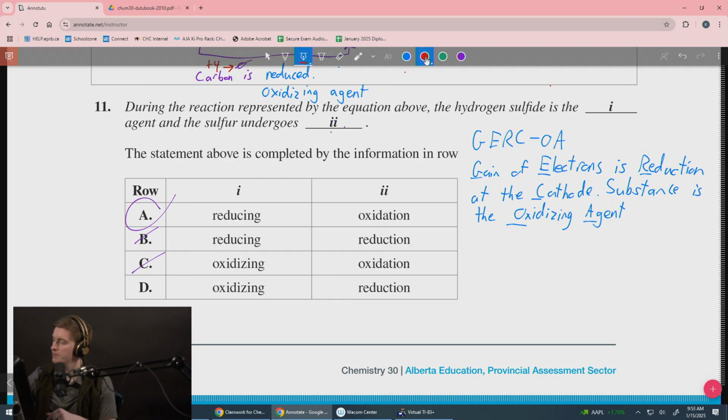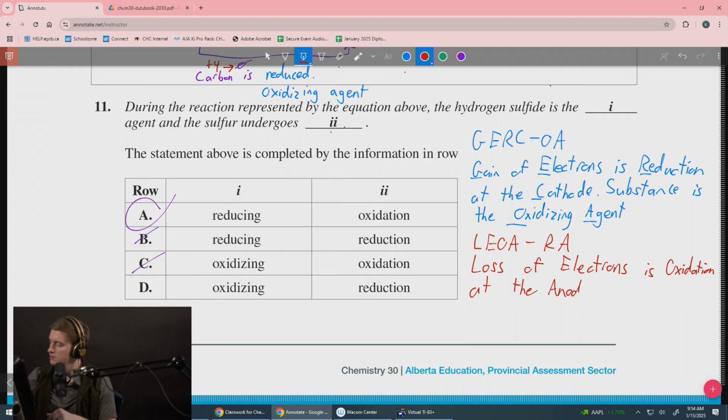And then the other acronym is LIOA, where the loss of electrons is oxidation at the anode, and the substance is the reducing agent.